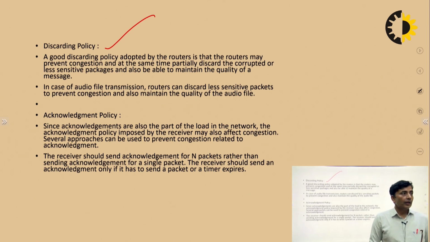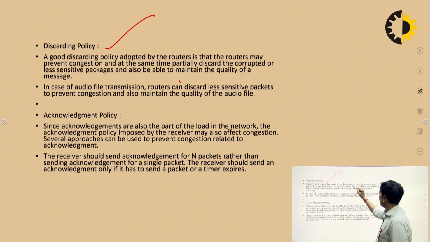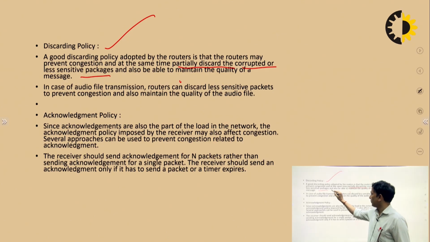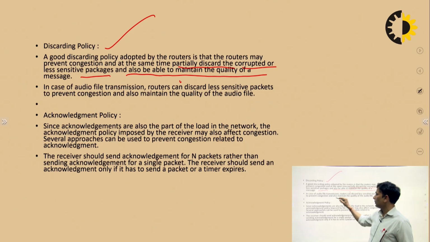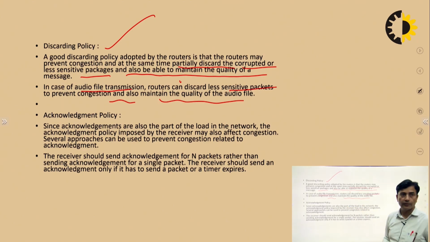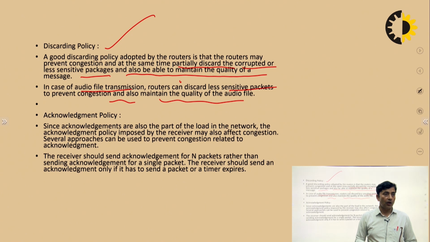When a good discarding policy is adopted by the router, the router may prevent congestion and at the same time partially discard the corrupted or less sensitive packets, and also be able to maintain the quality of the message. In the case of an audio file, the router can discard less sensitive packets to prevent congestion and also maintain the quality of the audio.